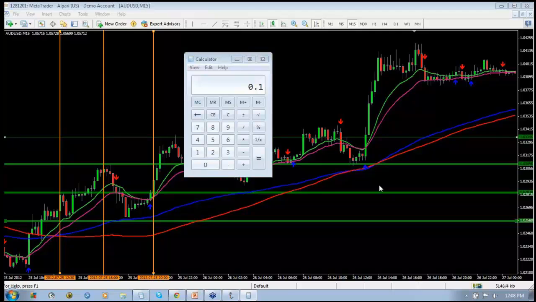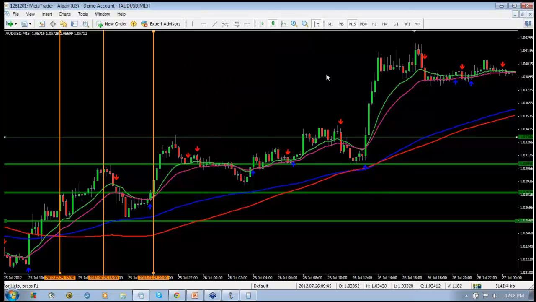So $1. And we're shooting for 40 pips because that's a 2 to 1 target. So 40 times 1, that's where we're looking for $40. Now, $40 divided by 1,000 is 4%.